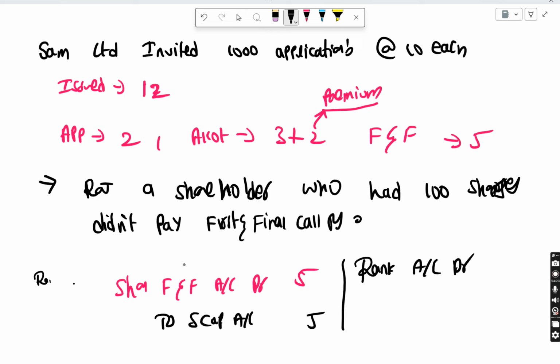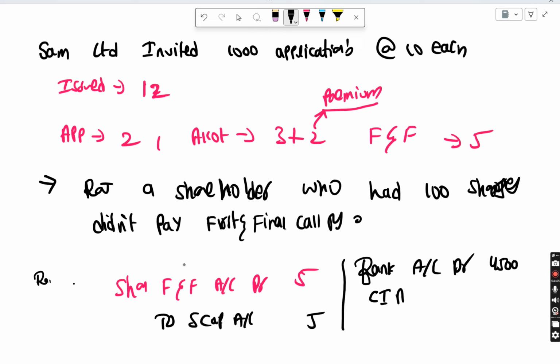Bank account debit 100. We debited bank account 4,500 rupees and 500 rupees calls in arrear.